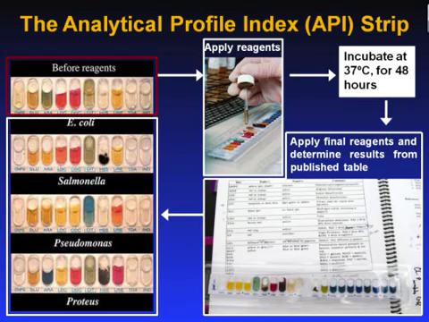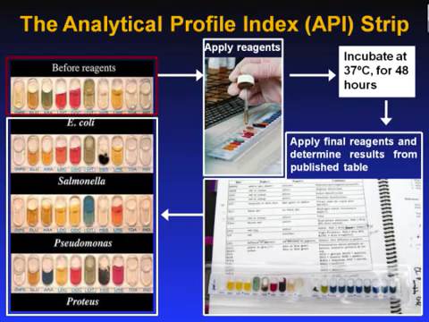Some of the tubes are to be completely filled, for example, tests CIT, VP, and GEL, whereas others are topped off with mineral oil so that the anaerobic reactions can be carried out, for example, tests ADH, LDC, ODC, H2S, and URE.